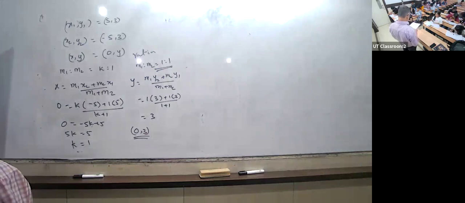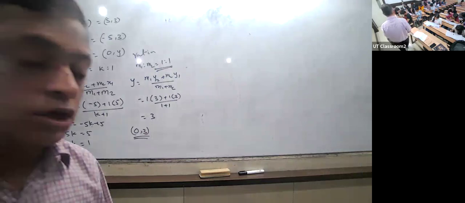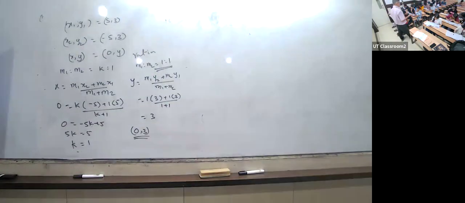All parts you got? Length you got? Length of AP. Three things you have to find out: ratio, value of x, and length of AP.